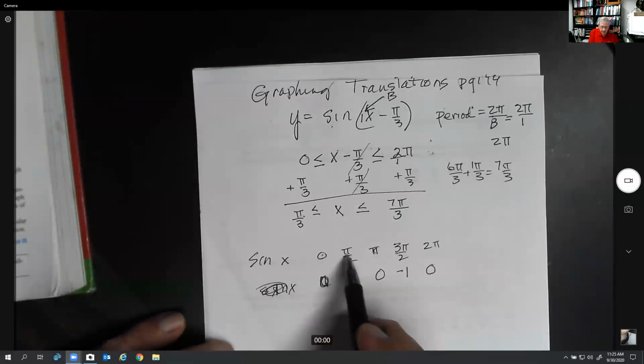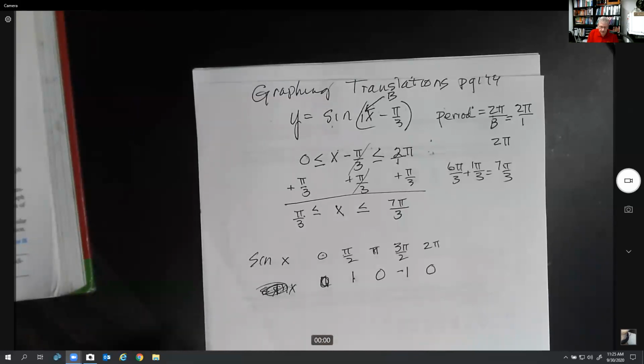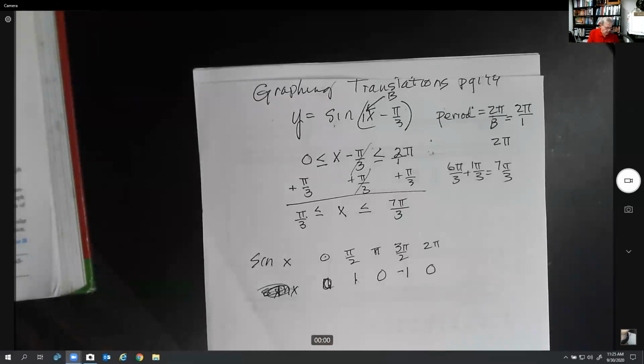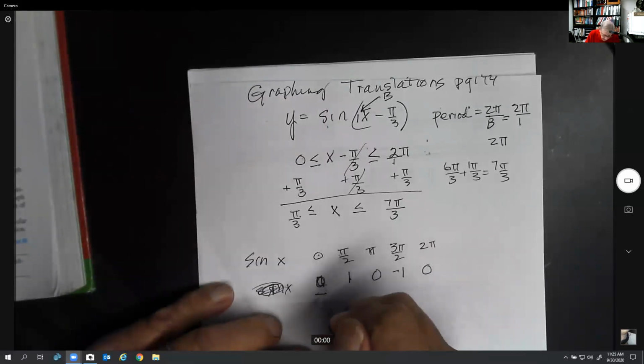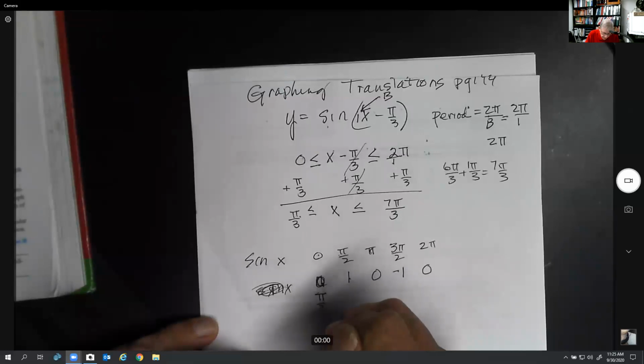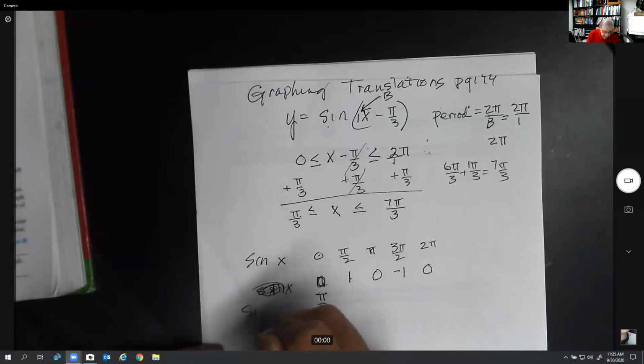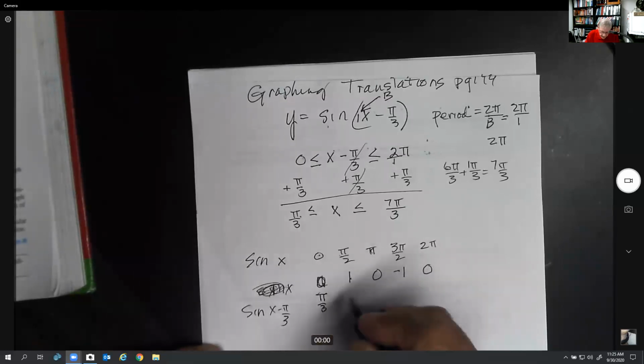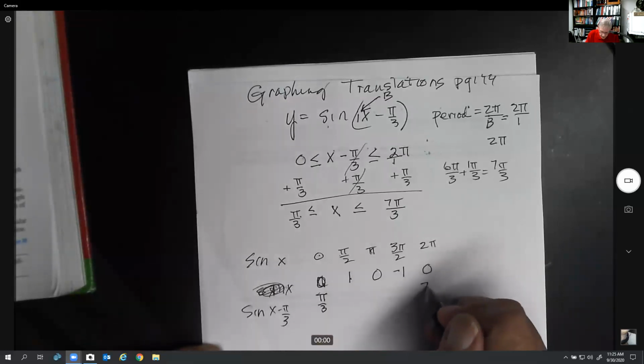When it's pi over 2, it's 1, and so on. So now we're going to change our interval a little bit. Our new interval is going to start at pi over 3, this will be the sine of x minus pi over 3, and it's going to go to 7 pi over 3.